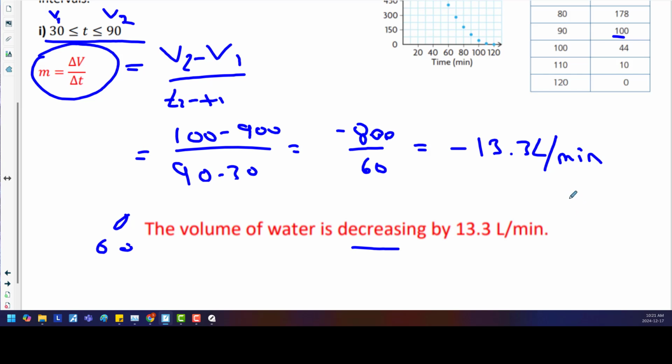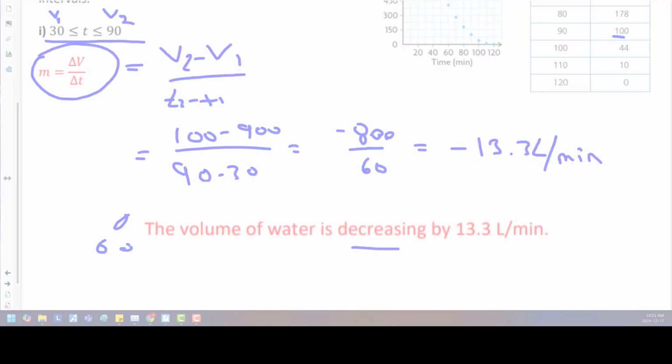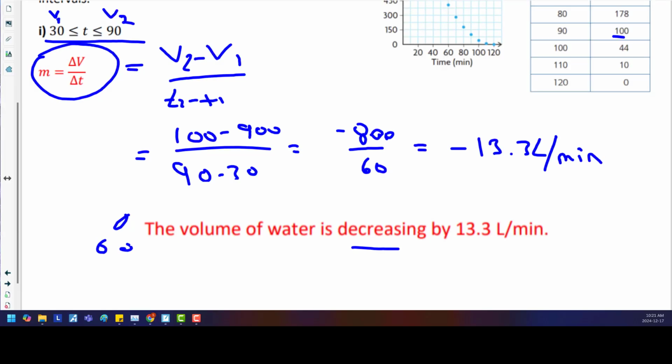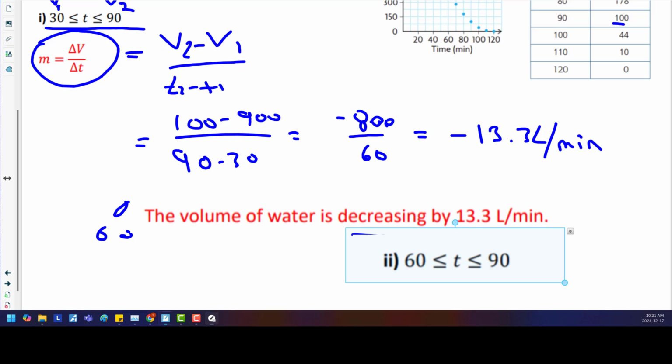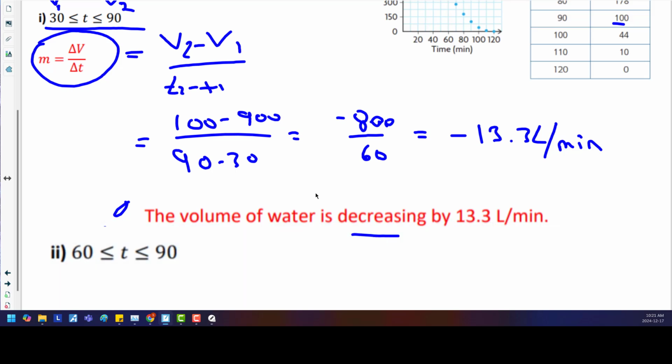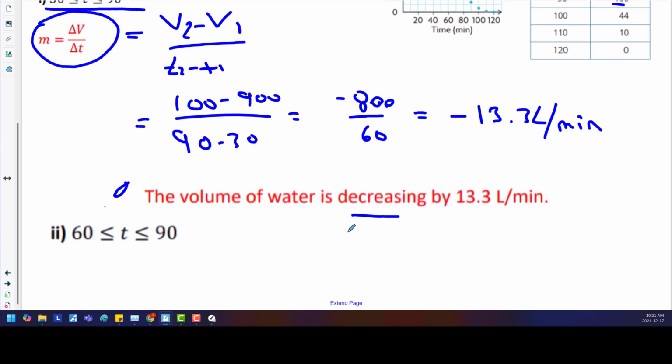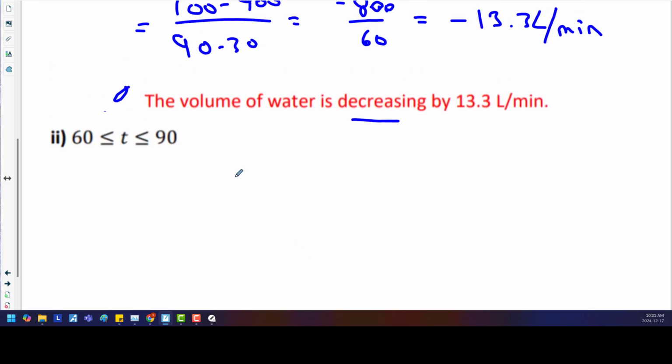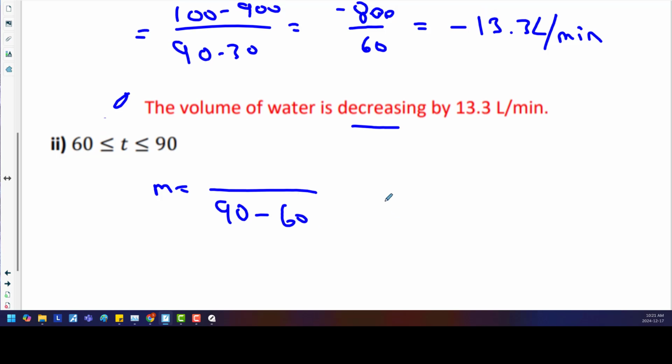And now we're going to do the exact same thing, except for a different set of intervals. Now we're going to do 60 to 90. We know slope is V2 minus V1 over T2 minus T1. T2 in this case is still 90, T1 is 60 now.